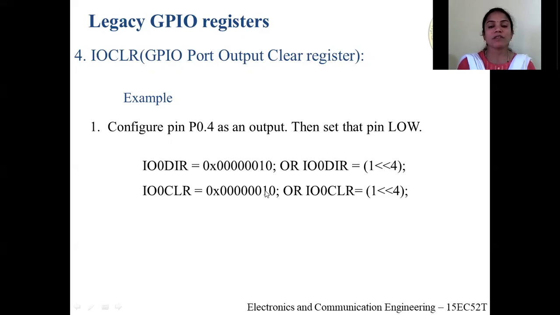We have to send the value 1 to make the port 0.4 pin low. So the hexadecimal equivalent value is 00000010. The first part is for 0 to 3 and the next is for 4 to 7. Only bit 4 is 1, the remaining are 0. Therefore, the value is 0001. The hexadecimal equivalent value is 10.